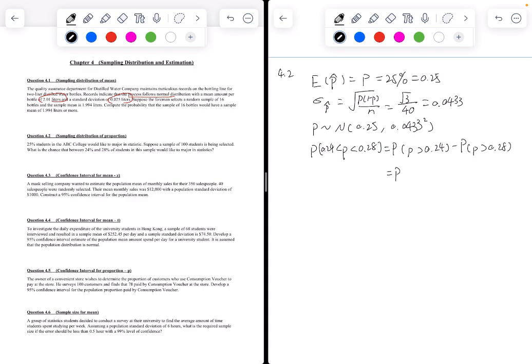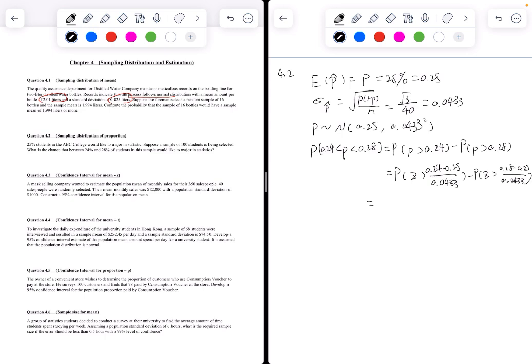This can be translated to the probability of Z larger than (0.24 minus 0.25, which is the mean) over 0.0433, minus the probability that Z is larger than (0.28 minus 0.25) over 0.0433.